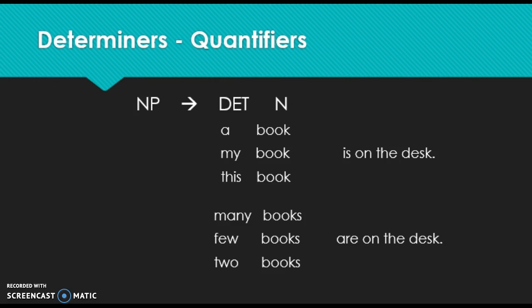So we could say a book is on the desk, or my book, or this book is on the desk, but we can also say many books are on the desk, few books are on the desk, two books are on the desk. And in the noun phrase shape, these quantifier words take the same slot in the sentence right before the noun.